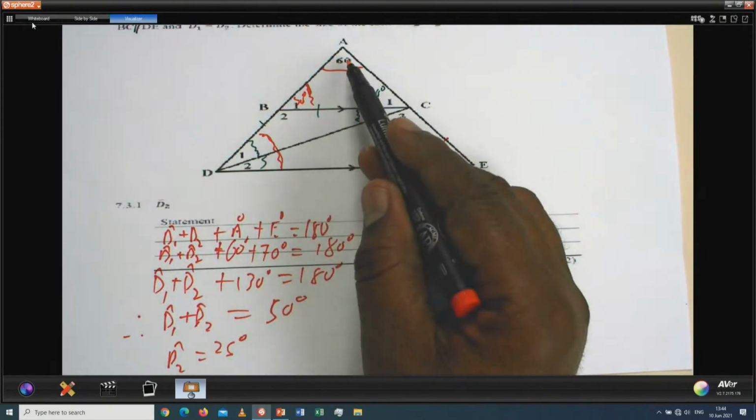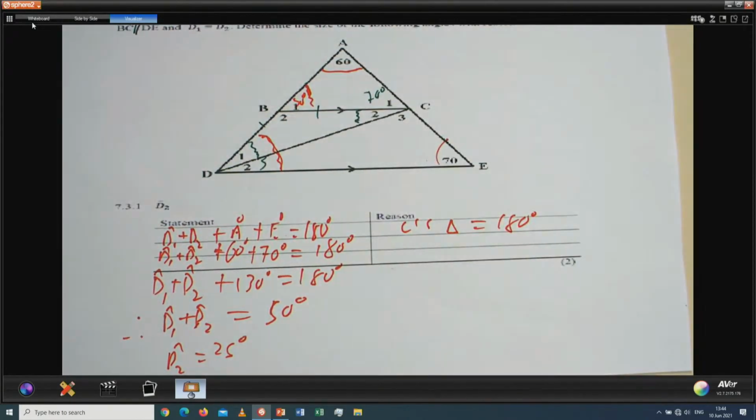And 50 plus 60 is 110, plus 70 is 180. So you look at what is equal. What is the relationship? Even when you calculate, you look at what is the relationship. That's what is important.